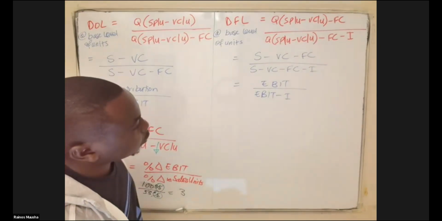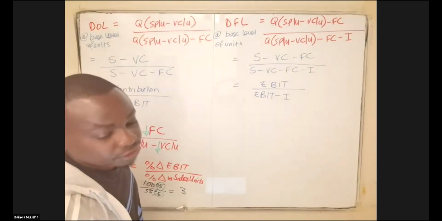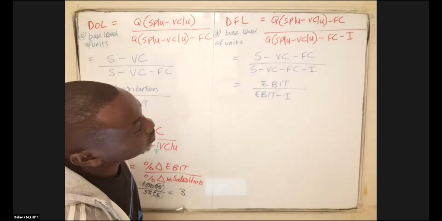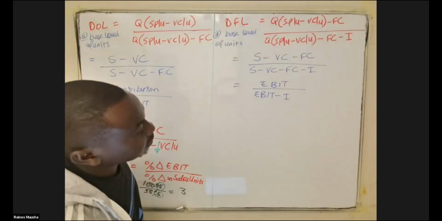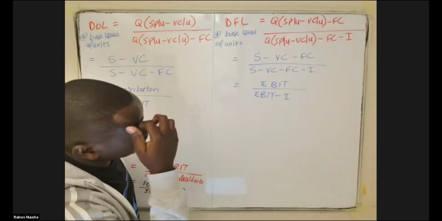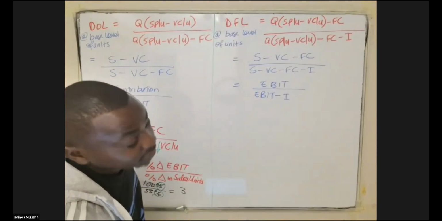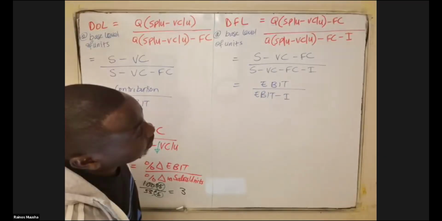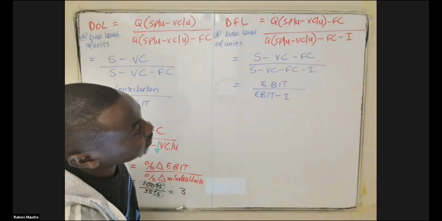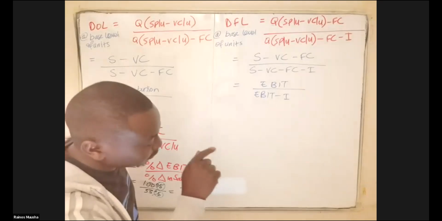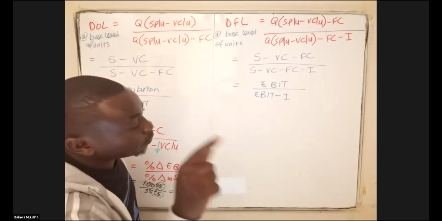At undergrad, they also looked at the case of preference share dividends, but I don't want to go into that. Remember, if there's going to be preference share dividends, there's going to be another element that you take into account, which is the before-tax effect of preference share dividend payments, which means that the preference share dividends are going to be multiplied by 1 divided by 1 minus tax rate.